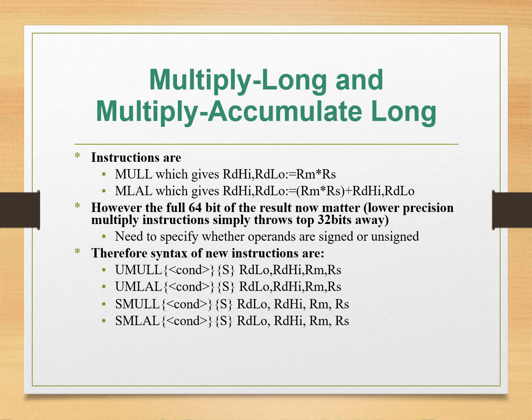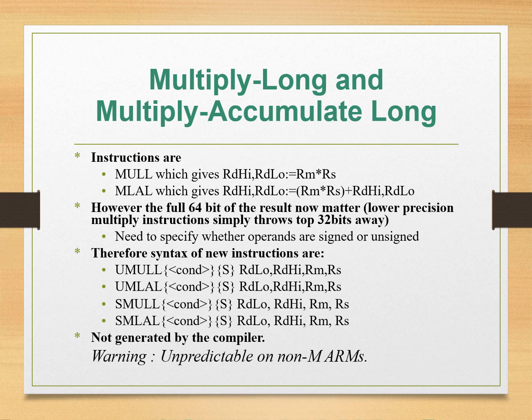Therefore the syntax is for a new instruction, which is not generated by the compiler, and is actually unpredictable for non-ARM processors. In this instruction you also cannot use the PC.